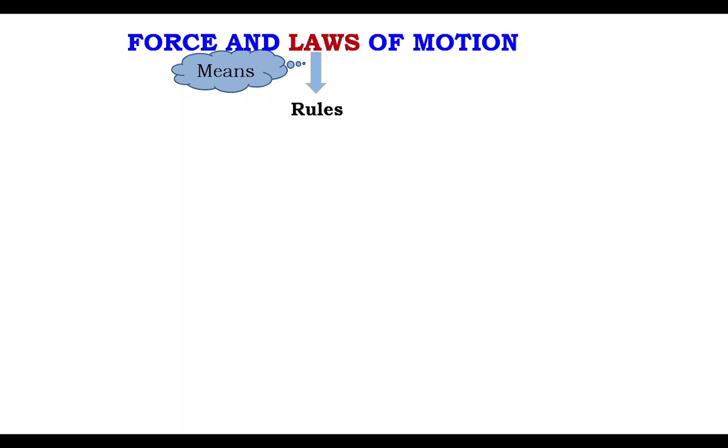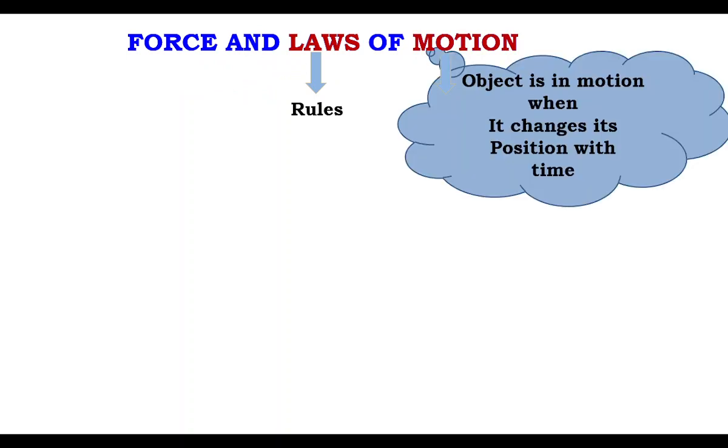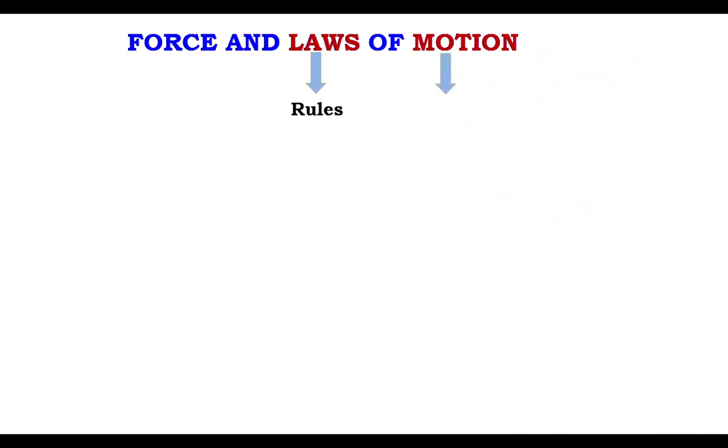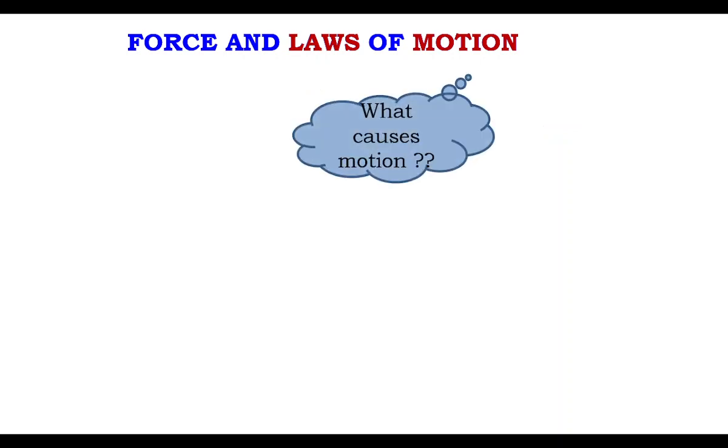specified for something. Similarly, these laws of motion, dear children, are very important as long as you are in touch with physics. And motion, we know that in the previous chapter we have done, that is movement. And motion we also covered briefly: an object is in motion when it changes its position with the passage of time, right? Now what causes motion?